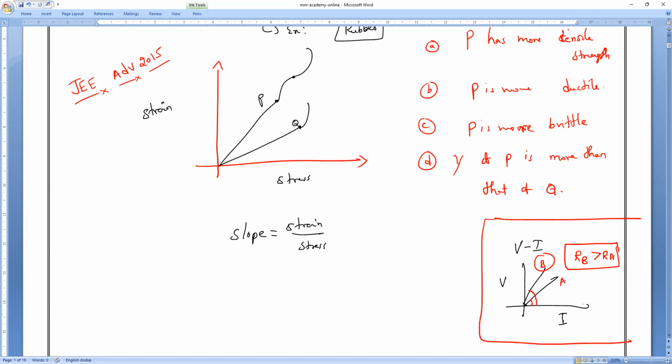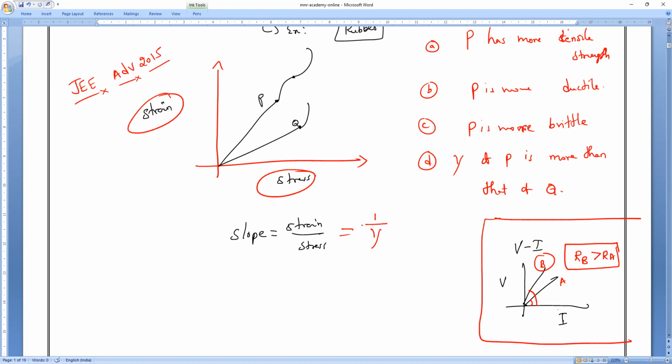Actually, in the book we study stress versus strain, but here they have given strain versus stress. Young's modulus is related to extension, to length, so the slope is not equal to Young's modulus. Instead, 1 by Young's modulus is equal to the slope, that is, strain by stress.